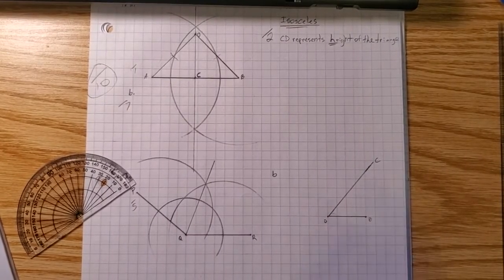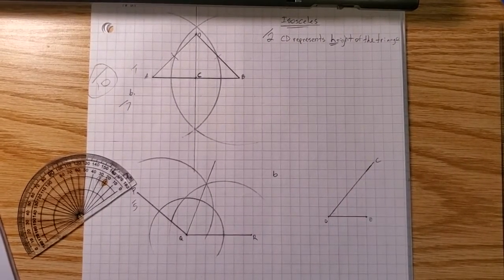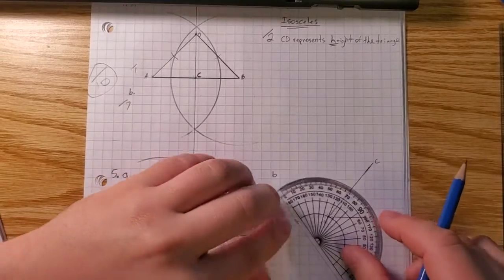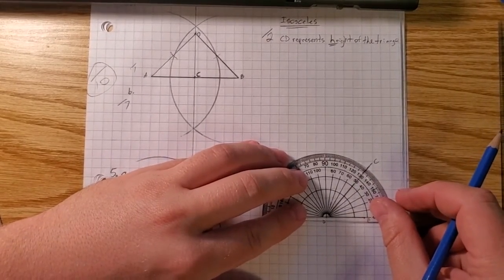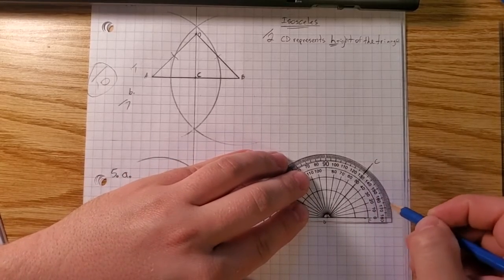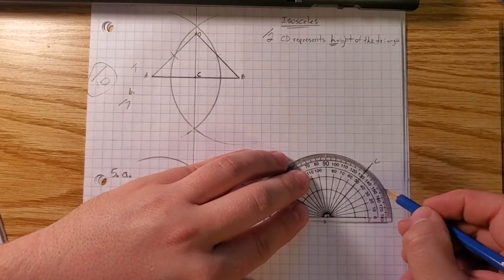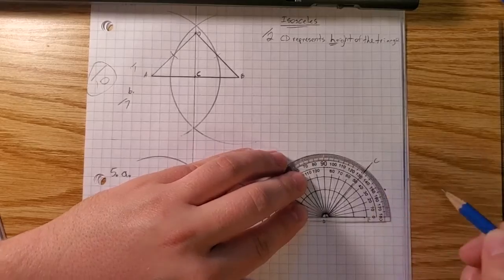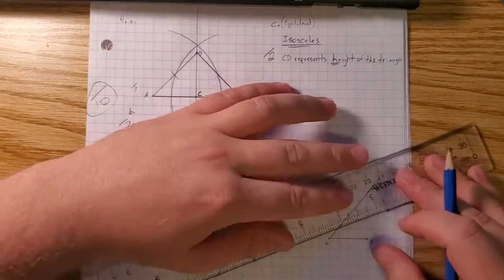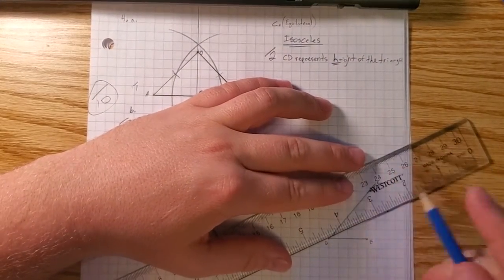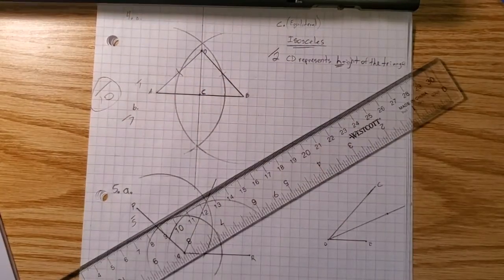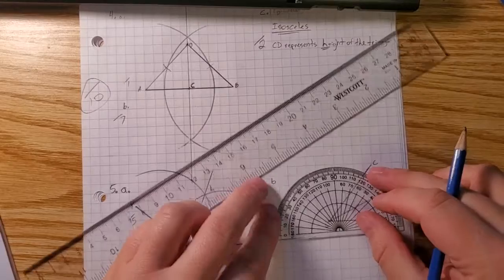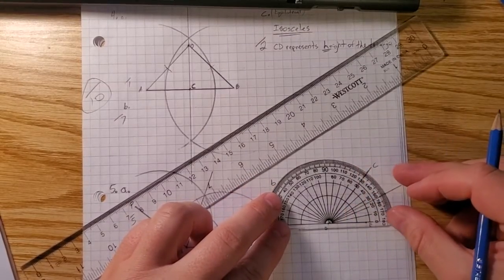We need to do a different method. Well, one way we could do it is trying to measure with a protractor and go to 25 right there and then connect it. That's one way you could do it, but what I've noticed is it's really hard to perfectly line up that edge of our rulers and that sort of thing.